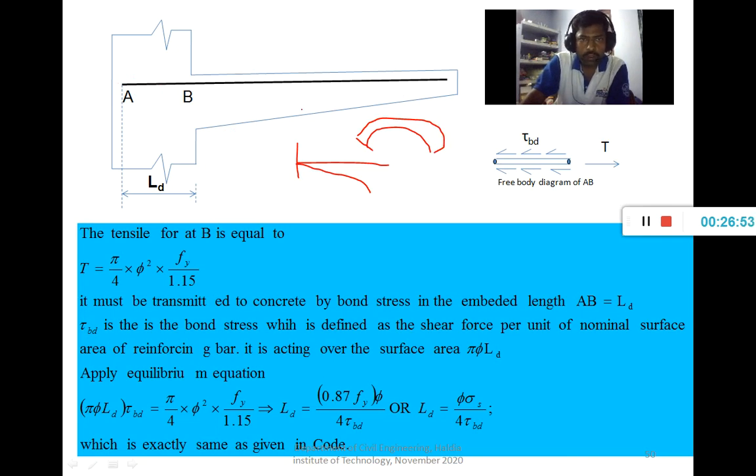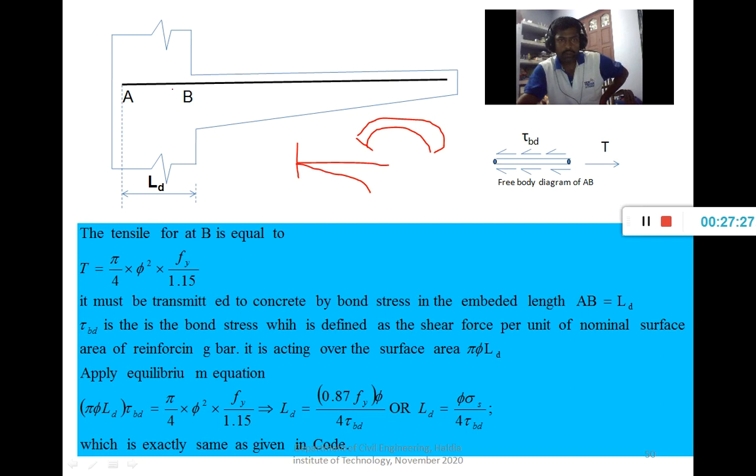In hogging bending moment reinforcement is applied at top, whereas in sagging bending moment reinforcement is applied at bottom. In a cantilever, generally tapered sections are used: the depth is minimum at the free end, increases linearly, and is maximum at the support.